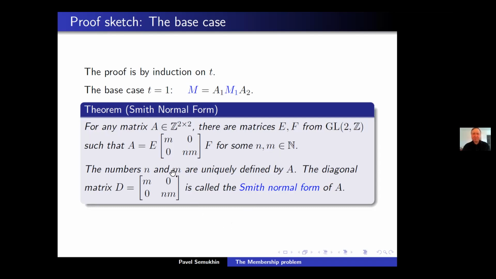Moreover, these numbers n and m are uniquely defined by the matrix A. This diagonal matrix in the middle, let's call it D, is called the Smith normal form of A. The Smith normal form is uniquely defined by A, but the matrices E and F are not unique. In fact, for any A there are always infinitely many such E and F which satisfy this equation. But the middle diagonal matrix is unique.